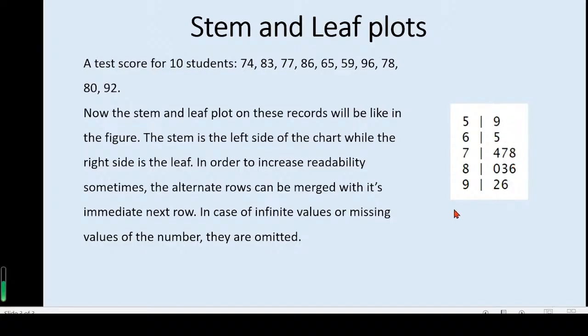So the stem and leaf plot for simple datasets is very useful to show all the data values in one figure. Sometimes alternate rows can be merged with the immediate next row if the stems and leaves cannot show all the values, and some values may be omitted.